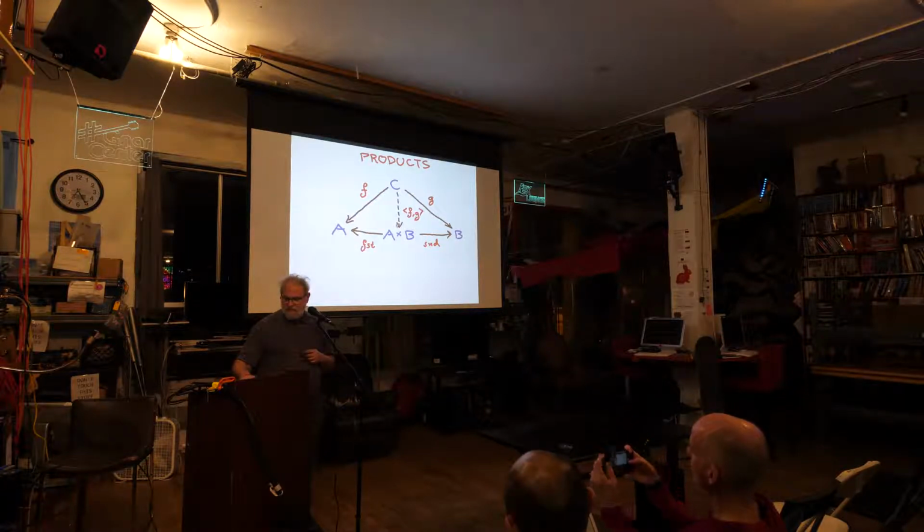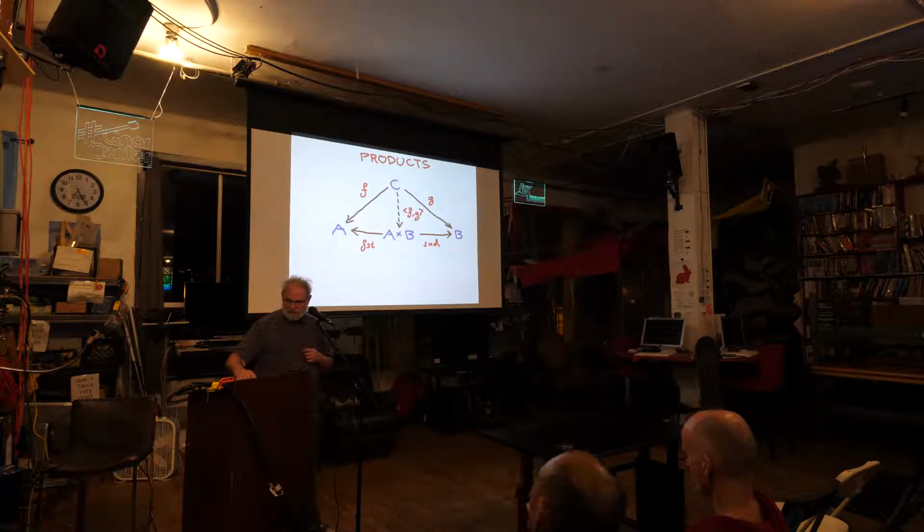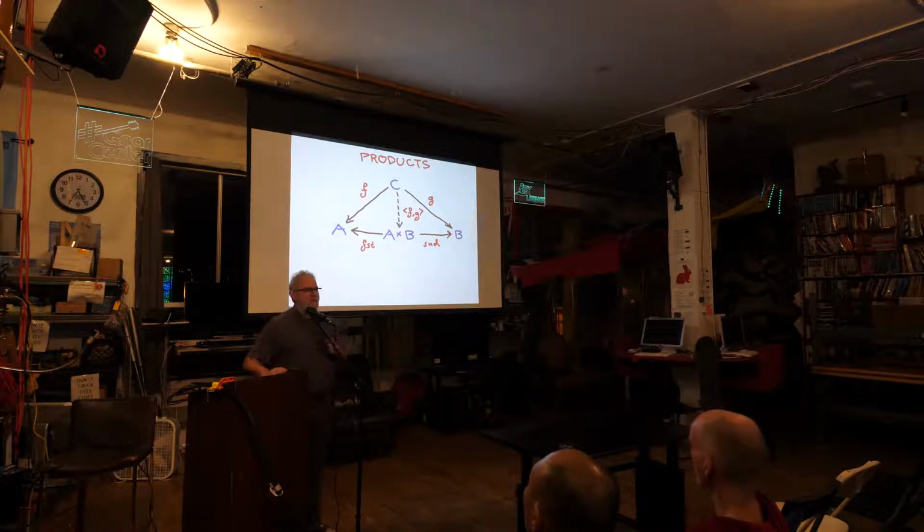This dashed line is telling us that this FG arrow is the unique such arrow. It exists and it's the only one that exists. So there exists an arrow FG going from C to A times B.